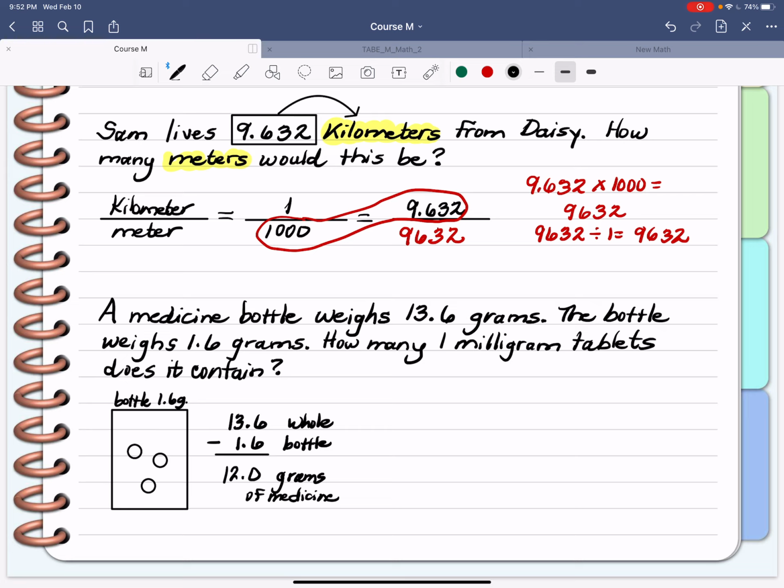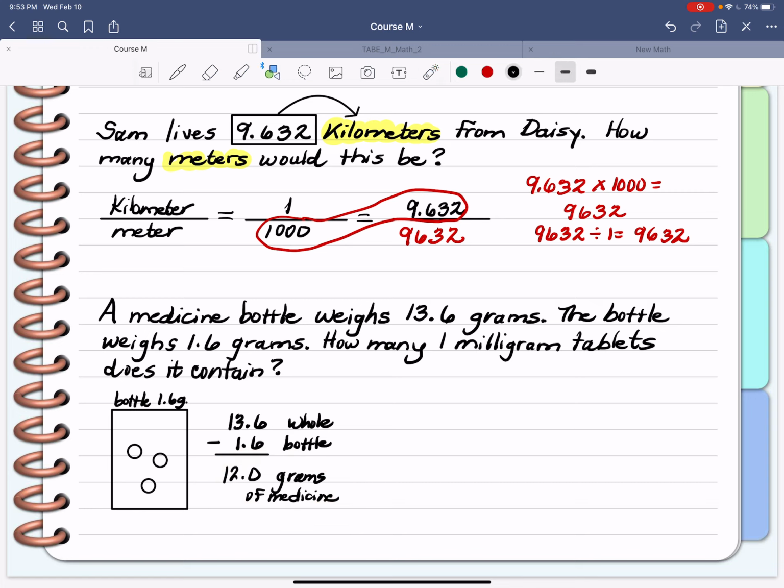But most prescriptions are in terms of milligrams. They're not measured in grams. I have one that is measured in grams. But most of them are in smaller amounts. They're in milligrams. So what we are trying to figure out is how many tablets are in this amount. Okay. So here we go.